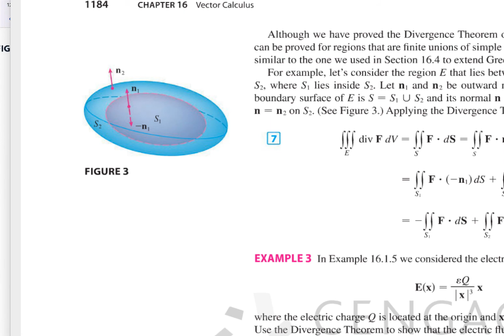Combining the two gives us the double integral over D of R evaluated at (x, y, u2) minus R evaluated at (x, y, u1). And this is the same result that we got looking at the triple integral. Doing the same thing for P and Q would give us the proof of the divergence theorem.